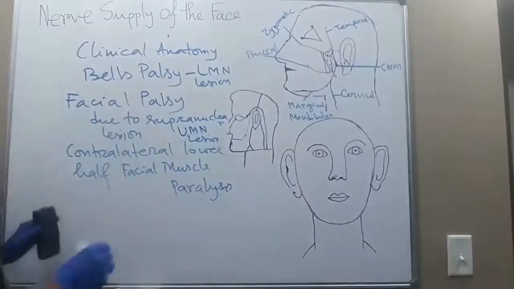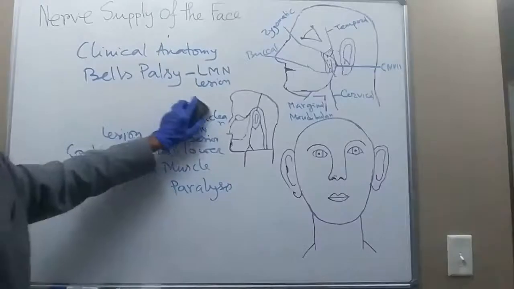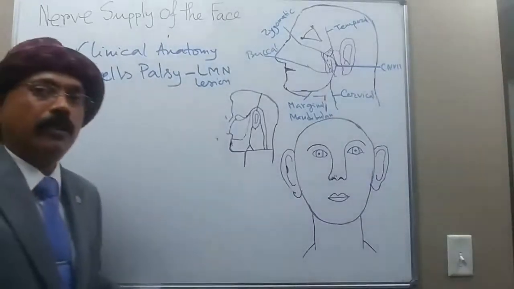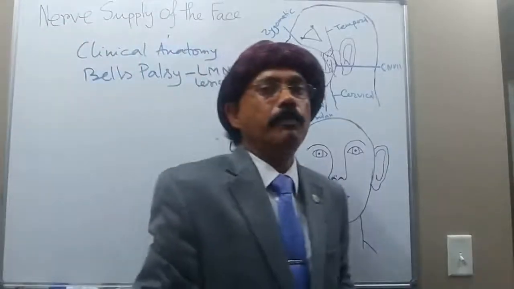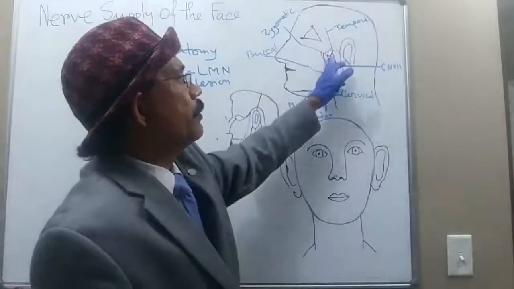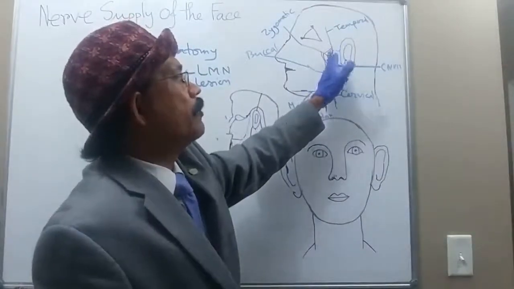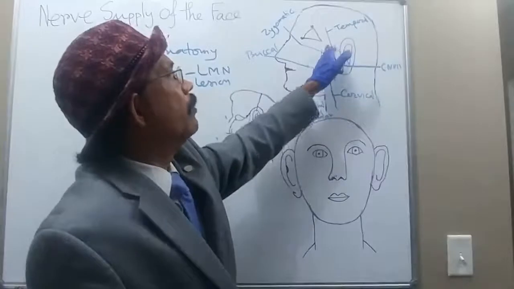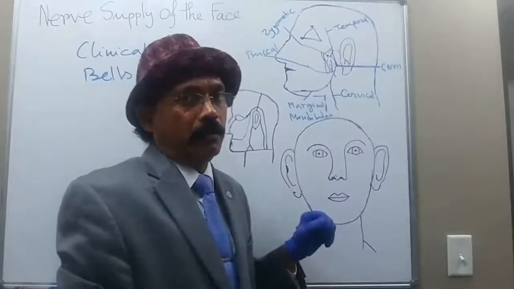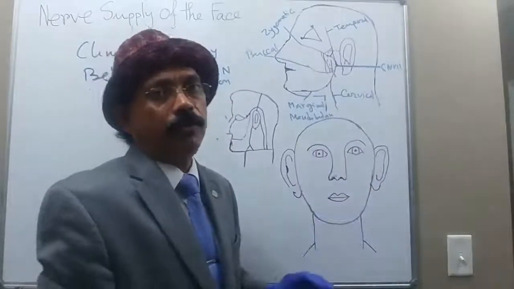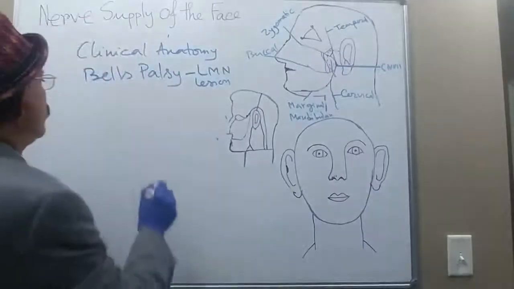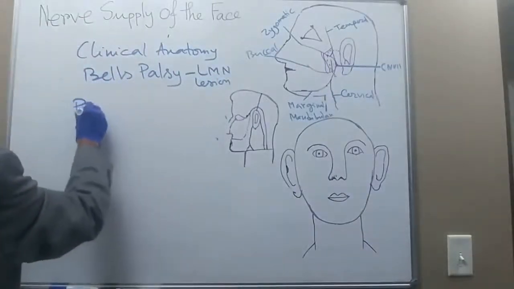The facial nerve may be damaged for many reasons, because it is the nerve which ramifies inside the parotid gland. Any parotid pathology, any surgery in the parotid gland, or any malignancy in the parotid gland may involve the branches of the facial nerve, and we may have paralysis of particular muscles innervated by a particular branch.